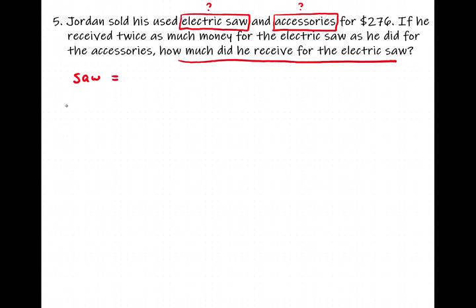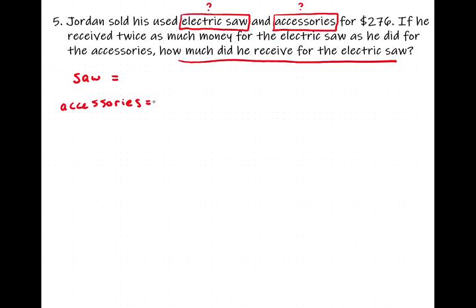So let's say the saw and the accessories. Well, we do know he received twice as much for the saw as he did for the accessories. Okay, so if we knew how much he received for the accessories, then we would double that. Twice that would be what he received for the saw.